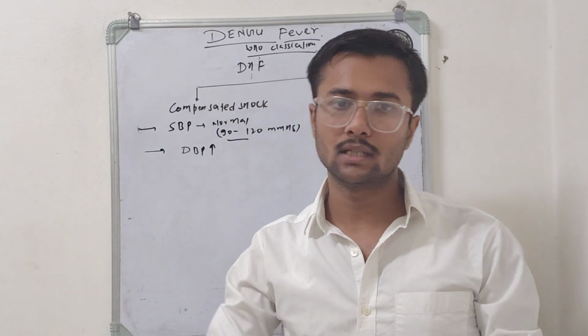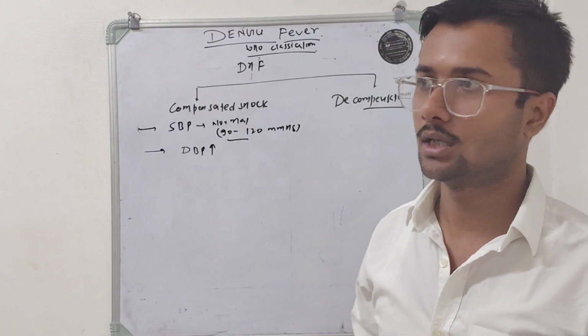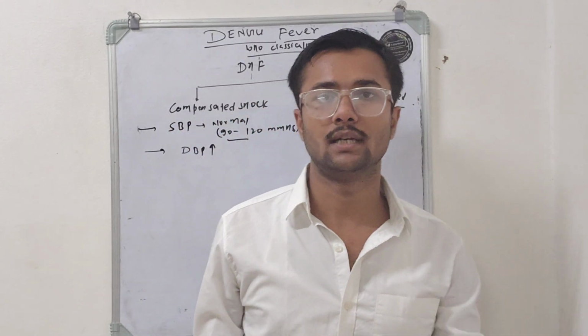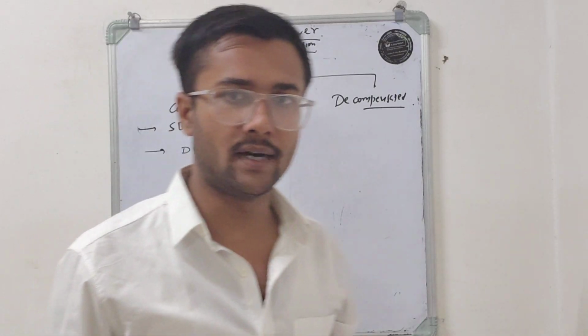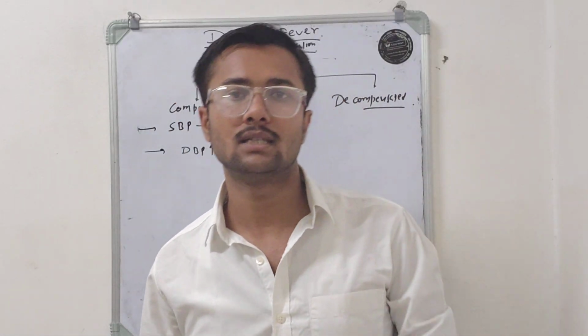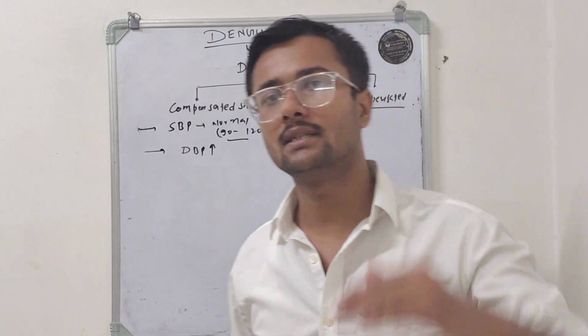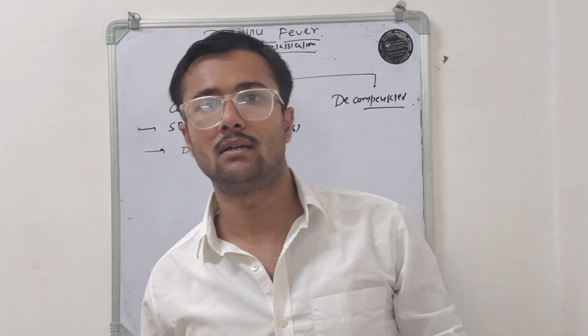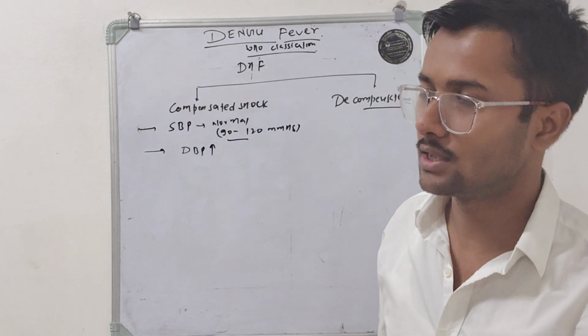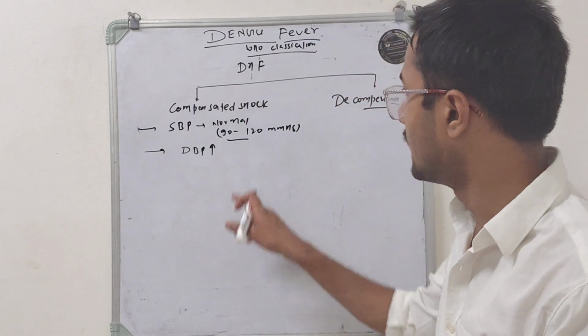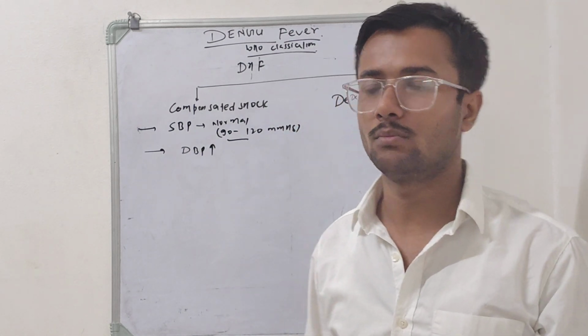So it constricts the peripheral blood vessels, so there is more blood supply to the vital organs. But what are the disadvantages? Due to the peripheral vasoconstriction, the peripheral resistance increases, and if peripheral resistance increases, that increases the diastolic blood pressure.